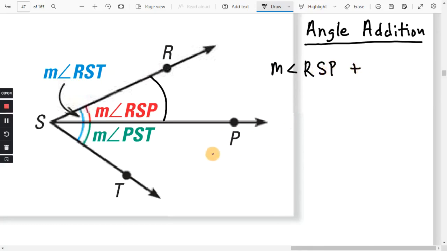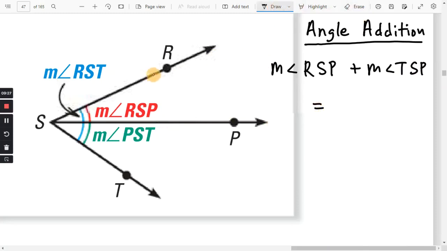And then the one on the bottom is going to be TSP. Okay, that's going to be this angle right here, measure of angle TSP. And that is going to equal the whole thing, the big angle.